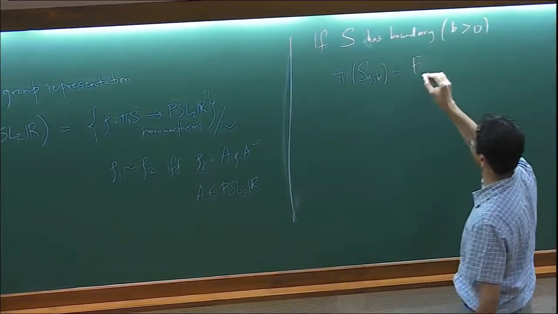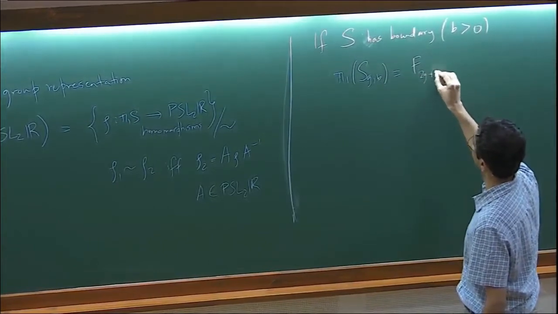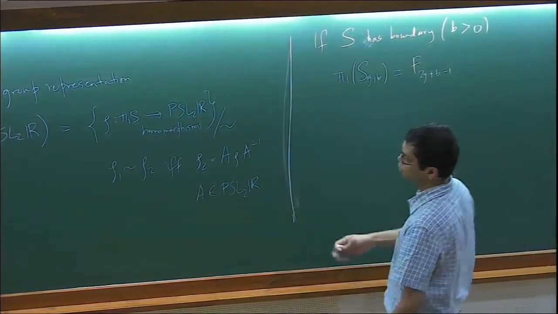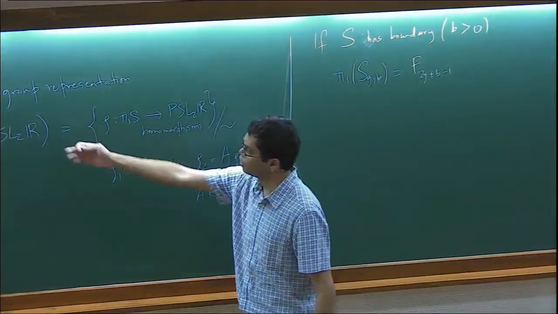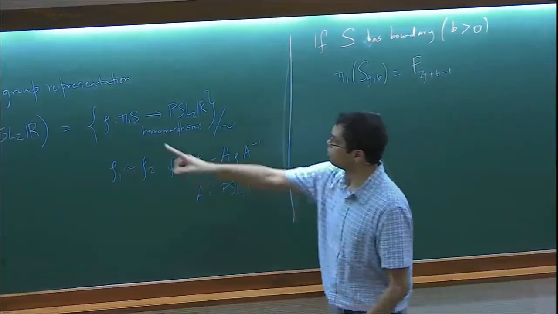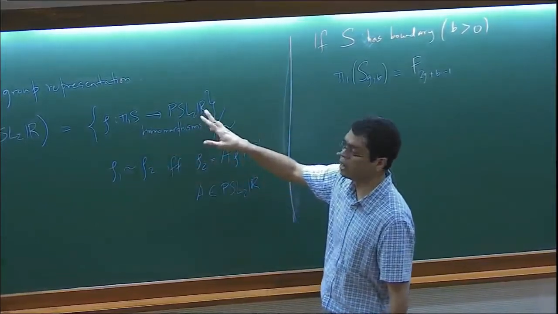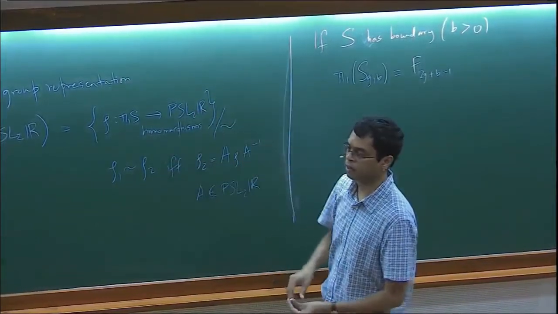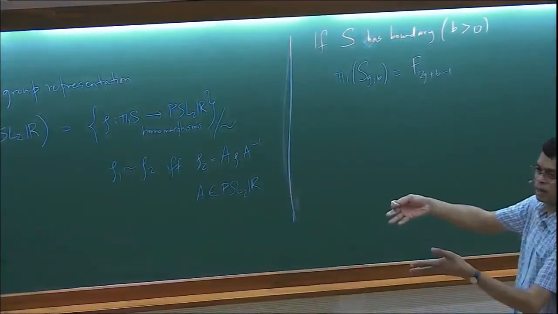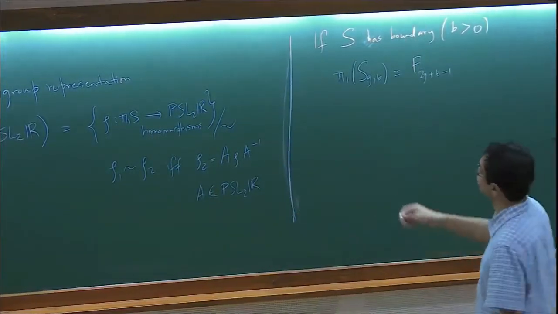That's just going to be a free group, and you can convince yourself it has 2G plus B minus 1 generators. Okay? And so what is this space of representations then? Well, each of these generators needs an image which is a matrix, something in PSL2R, and there are no relations that need to be satisfied. It's a free group. So you just need a bunch of these matrices.